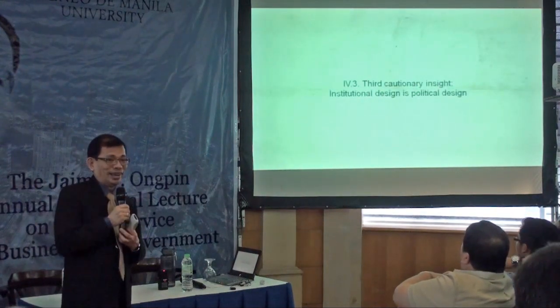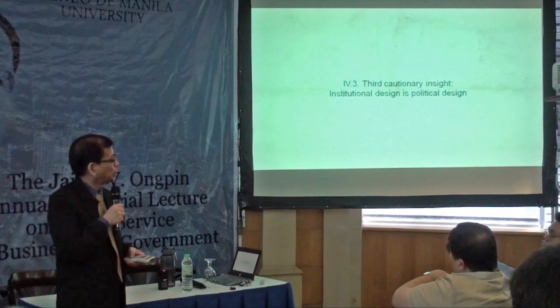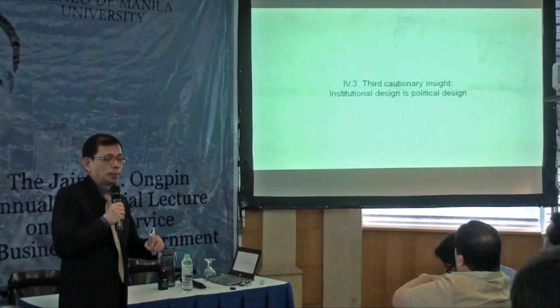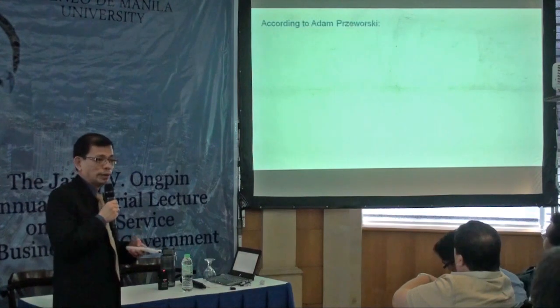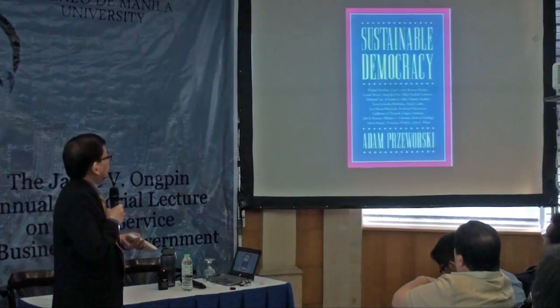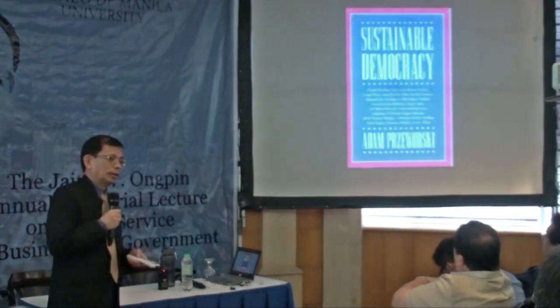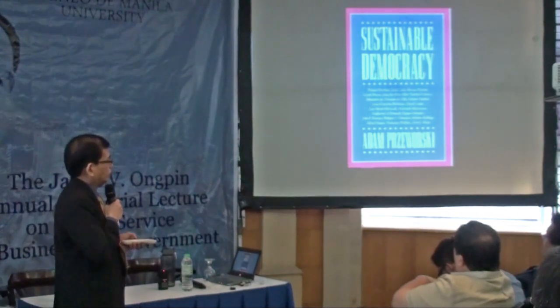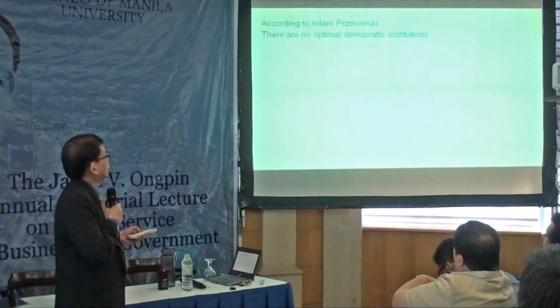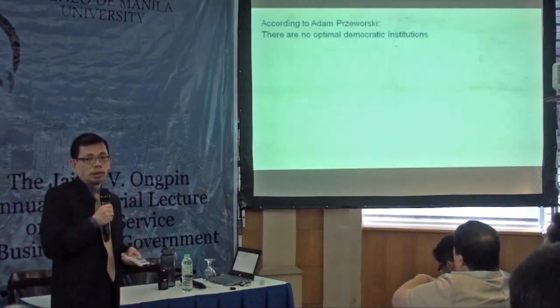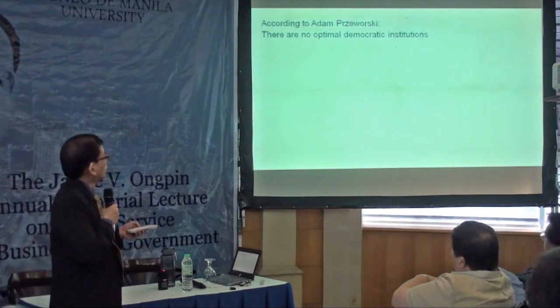Okay, we're now in the third cautionary insight. Institutional design is political design. According to Adam Dvorsky, in his important work, Sustainable Democracy, together with other political scientists and social scientists, there are no optimal democratic institutions.